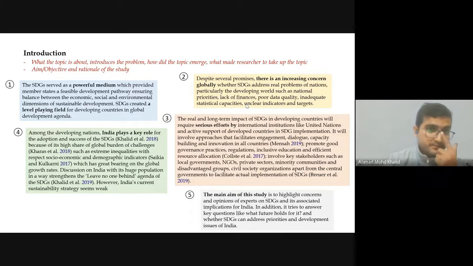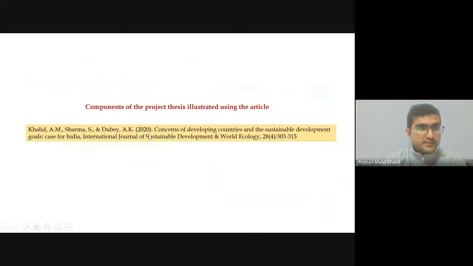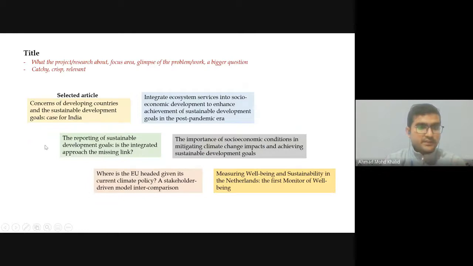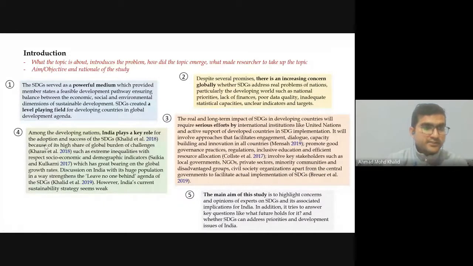For example, from the same research article, in the number one box you see, the author writes, the SDGs served as a powerful medium. The title was, let me go back, Concerns of Developing Countries and Sustainable Development Goals, Case for India. So have this in mind while I discuss all the sections.